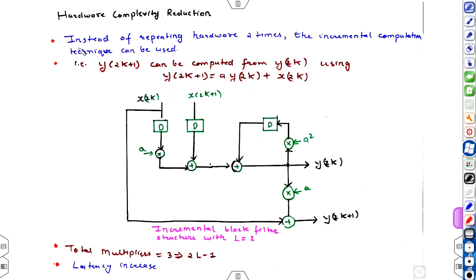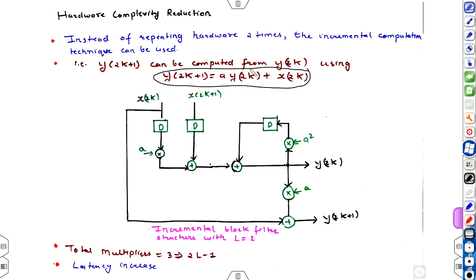So suppose we want to reduce the number of multipliers, what we can do is use the incremental computation technique. And how can we use that? So y of 2k plus 1, the second term, can be computed from y of 2k, using the equation y of 2k plus 1 equals a of y of 2k plus x of 2k. That was our original equation.